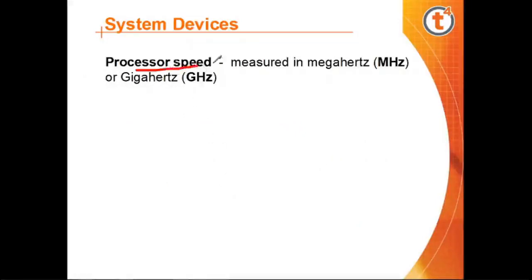The processor speed is measured in megahertz or gigahertz. We use MHz for megahertz, and gigahertz is given by GHz.